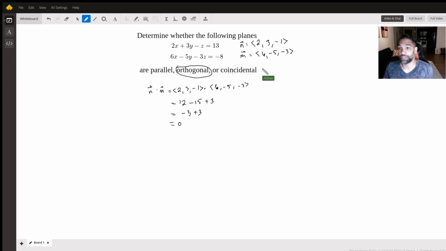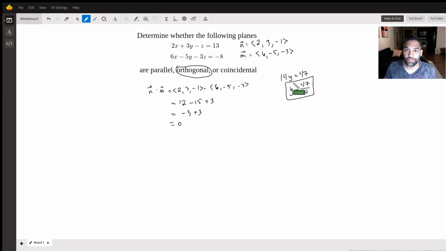Once you do all the work, you would basically get 14y equals 47, which means y is equal to 47 over 14.